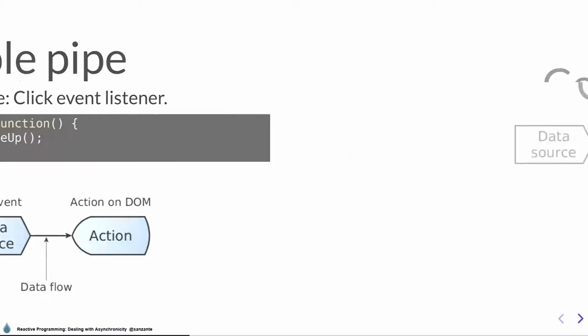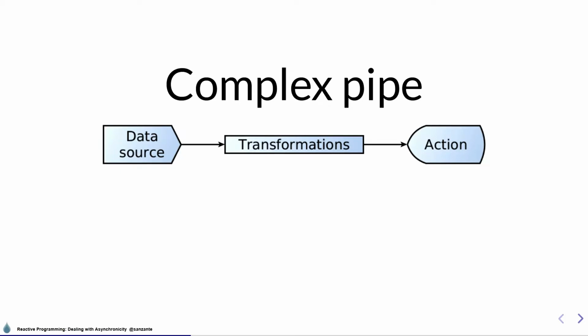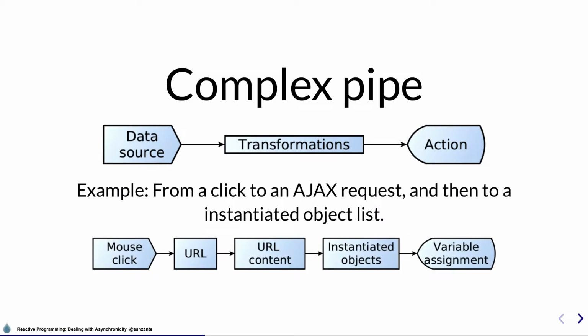And what would be a complex pipe? A complex pipe is the same, but we add transformations in the middle. Those are the interesting ones. One example could be the transformation from a click to an instantiated object list. For example, at some point the user clicks a button. This click becomes a URL that serves, for example, a competition's classification data.